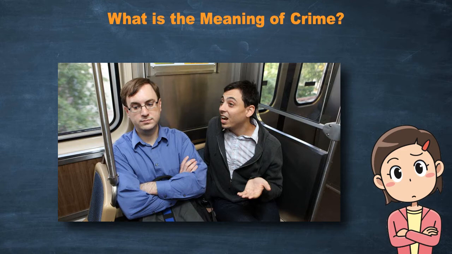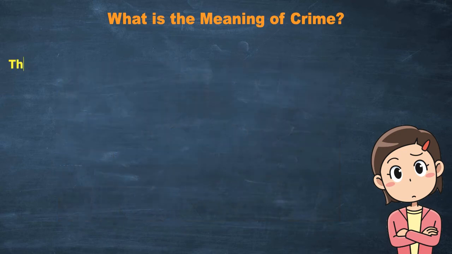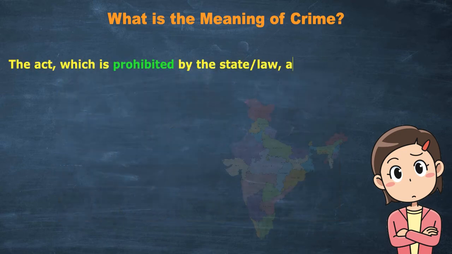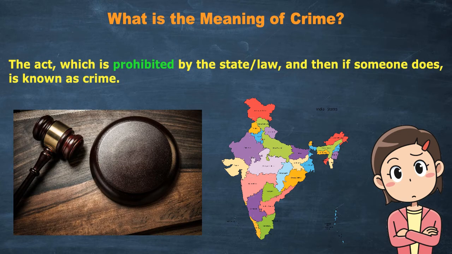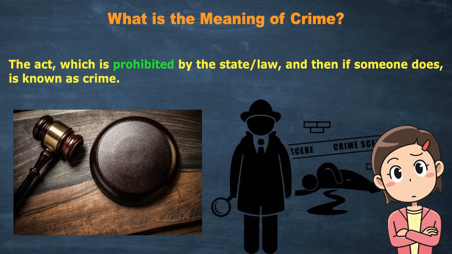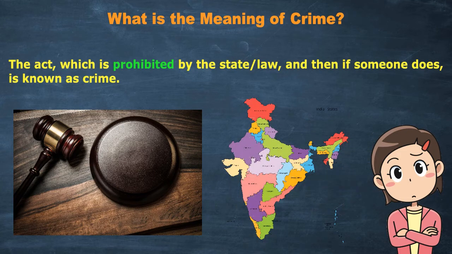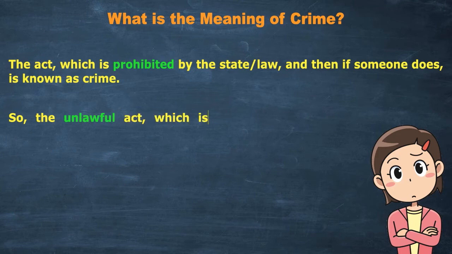So let's check out the legal definition of what crime actually is. The act which is prohibited by the state or law, and which someone still does, is known as crime. Even then someone does that, that is crime, because it is punishable by the law or by the state.